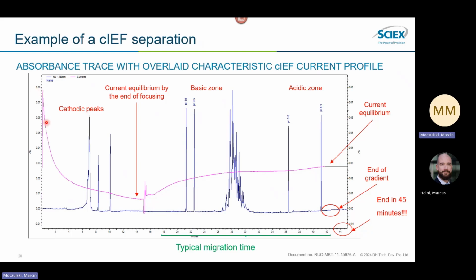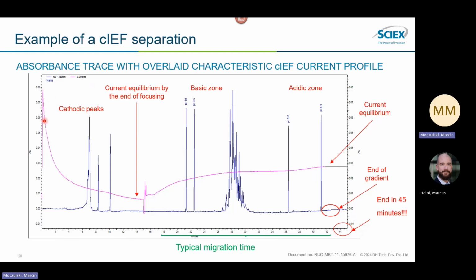As you see, the current profile is not constant, it's not stable, and is changing dynamically during the whole process, first, in this case, the 15-minute focusing process, and the rest, the chemical mobilization process. Both help us monitor what's going on inside the capillary, so we can say that each single run is a self-system suitability test, which tells us a lot about whether everything is fine with the separation.